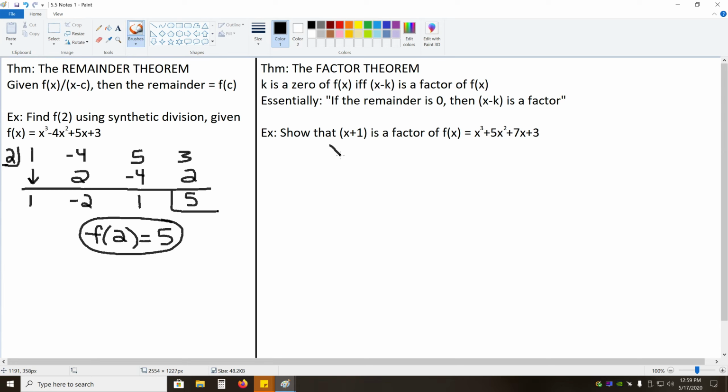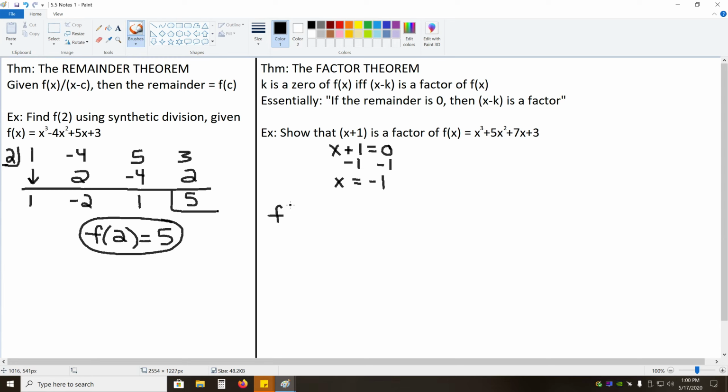We'll take this x plus 1 and set it equal to 0 and solve for x, similar to when we would use synthetic division, which gives us x equals negative 1. And now we could either use this value with synthetic division, or, like the remainder theorem said, we could just plug its value into the function and get the same result. Either way will do the same thing, so we'll go ahead and show both ways.